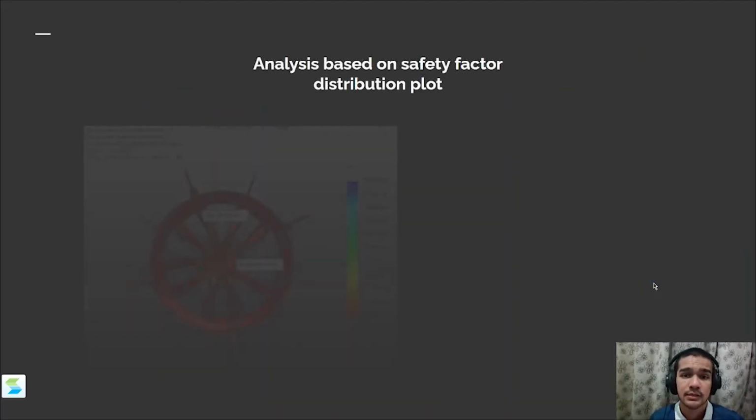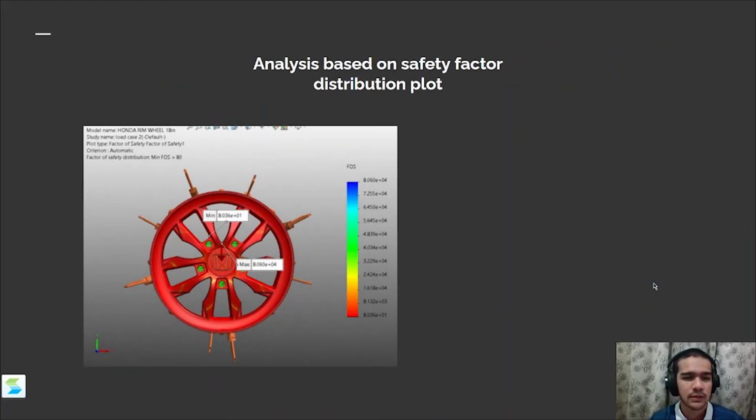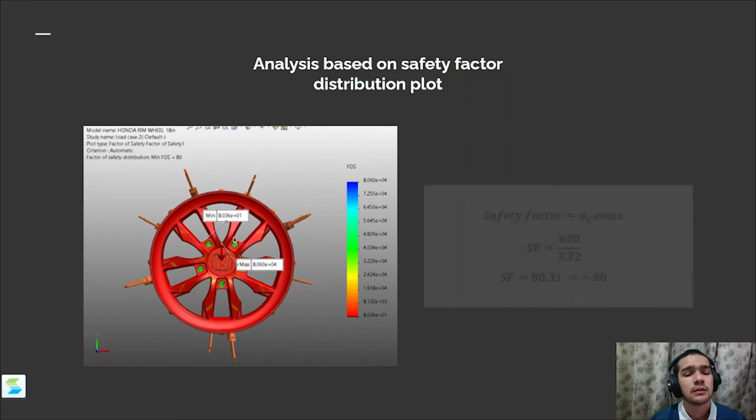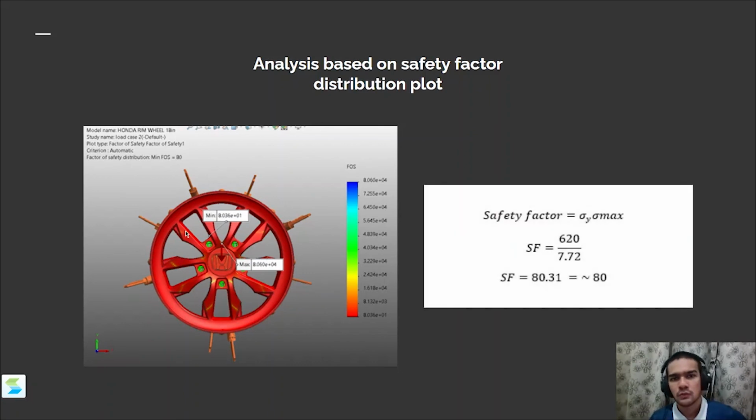As for the last analysis based on the safety factor, as you can see, we have the maximum and minimum safety factor. This has to do with the material of these rims.